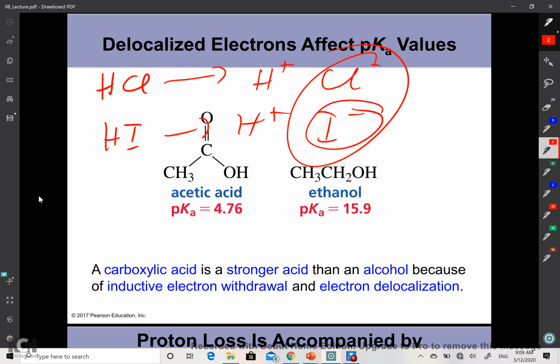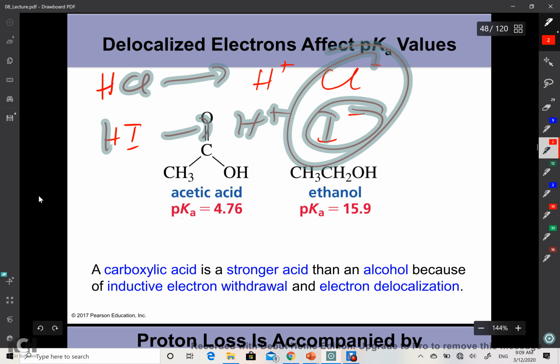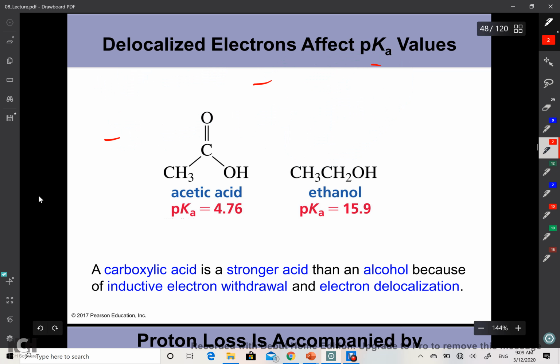Let's think about this. Alcohols and carboxylic acids. On the board here we have acetic acid and we have ethanol. This is acetic acid. So if acetic acid decides to react, this is the hydrogen there.